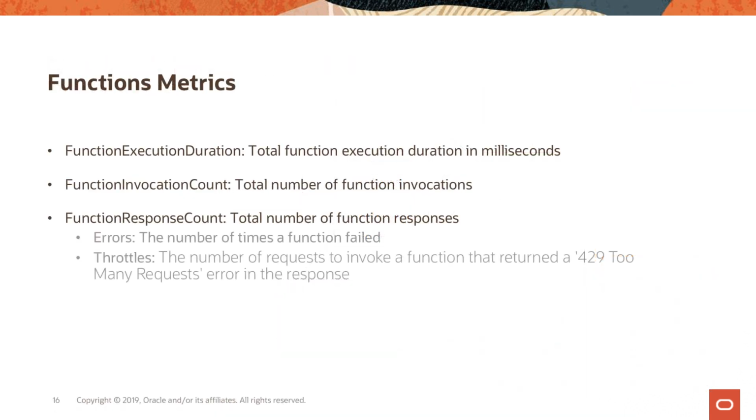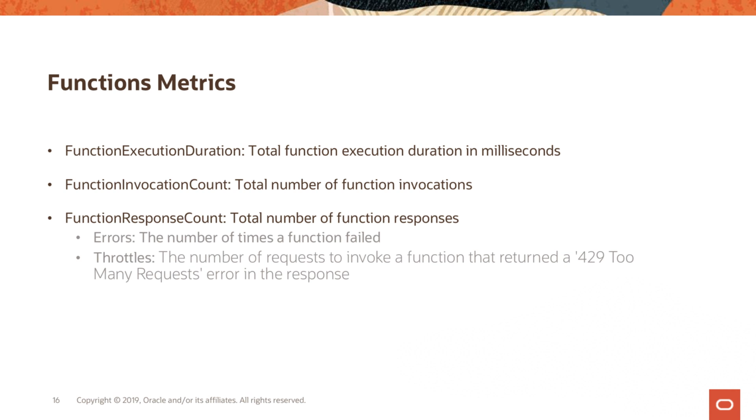All right. The final thing I want to discuss in part two is about function metrics. There are four different useful metrics that are automatically collected from the function service, and you can access charts related to these metrics from the OCI console.